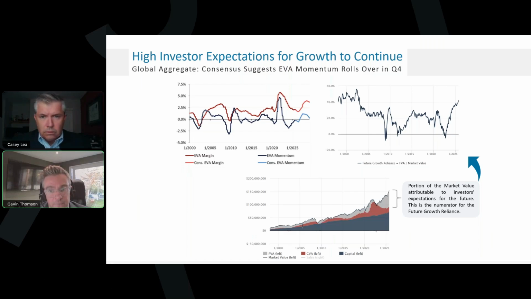But if either of those were to falter at this stage, we are set up for a continuation in the outlook for growth, and we can see that on that upper right chart, just showing how much future growth reliance there is out there today.